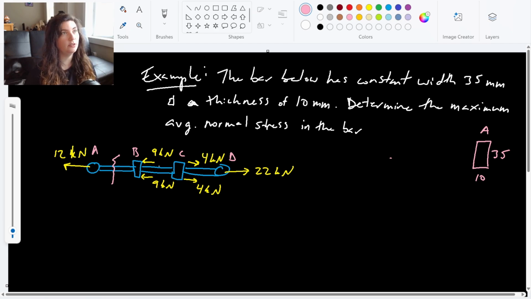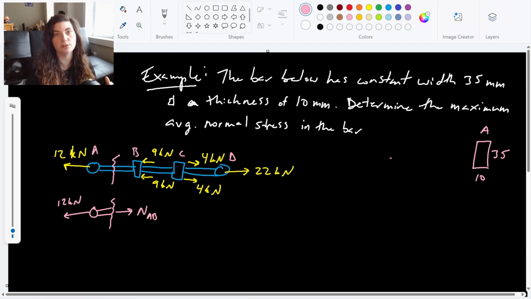So here, if we look at this, we have a few basic sections, right? So we can break this off into different free body diagrams. If I look at my first one here at A, this section between A and B, where I have this 12 kilonewton force, and then I break through it, and I have the normal force between A and B, right?